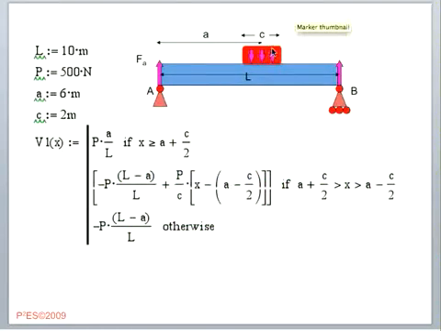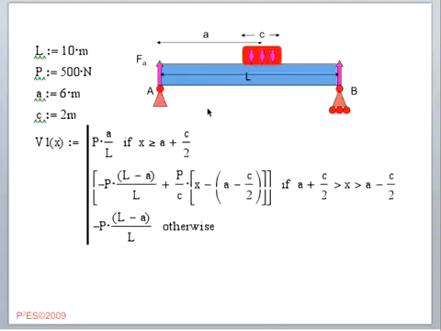For the position in between, it's defined as P over C, and it acts when we're between these two positions, A minus C over 2 and A plus C over 2. So it acts over this range. We get this particular function: whatever the magnitude is here, plus the gradient that comes along here, and otherwise it's the initial value.